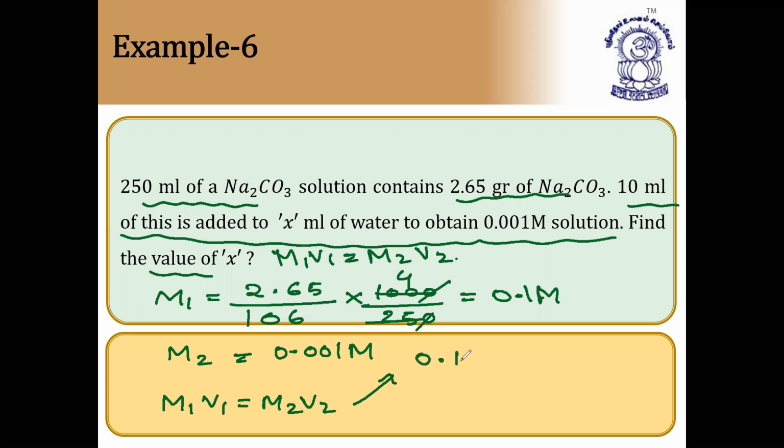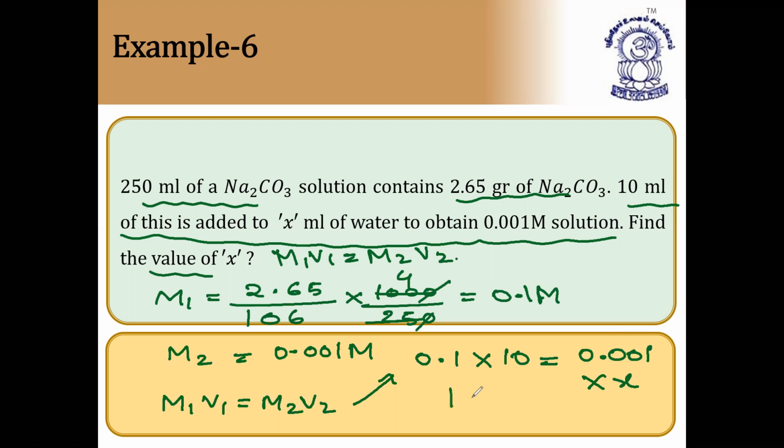So 0.1 into, here very important, 10 ml of this solution. So V1 should be taken as 10 ml, not 250 ml. 10 is equal to M2, already given 0.001, and X you have to find out. That is V2. So you'll get the answer.